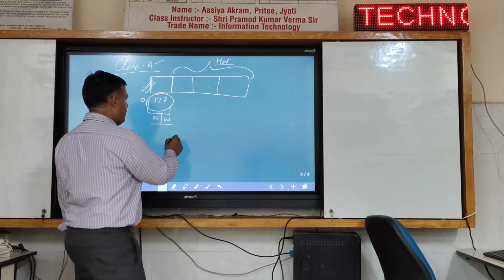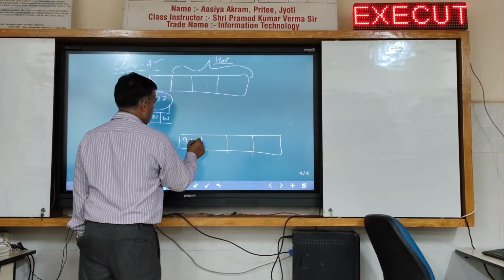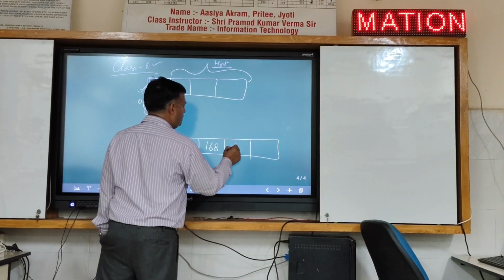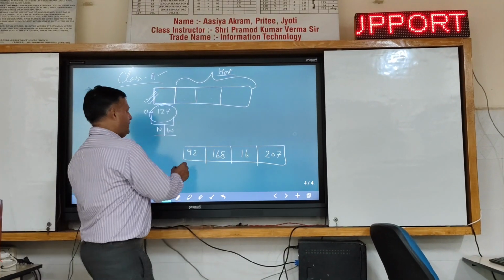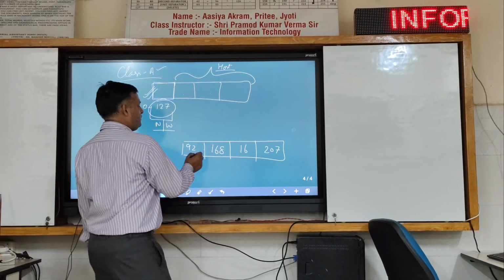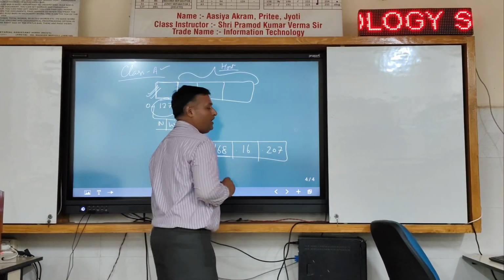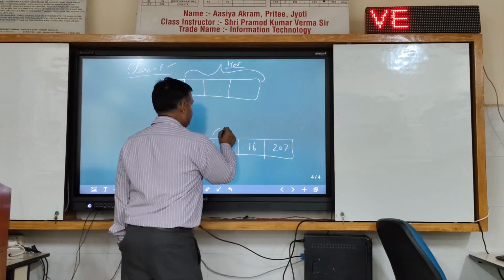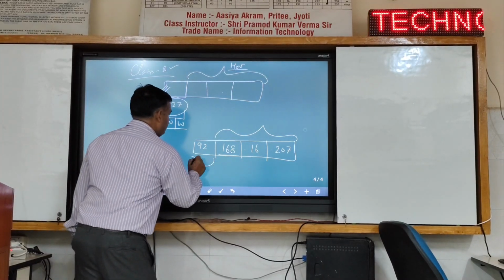So if I am writing an address like 92.168.16.207, 92 is admissible because it is smaller than the 255 limit. 168 is permissible, 16 in the third octet is permissible, and in the last octet 207 is also permissible. But these three represent the computer addressing, and this one represents the network addressing.